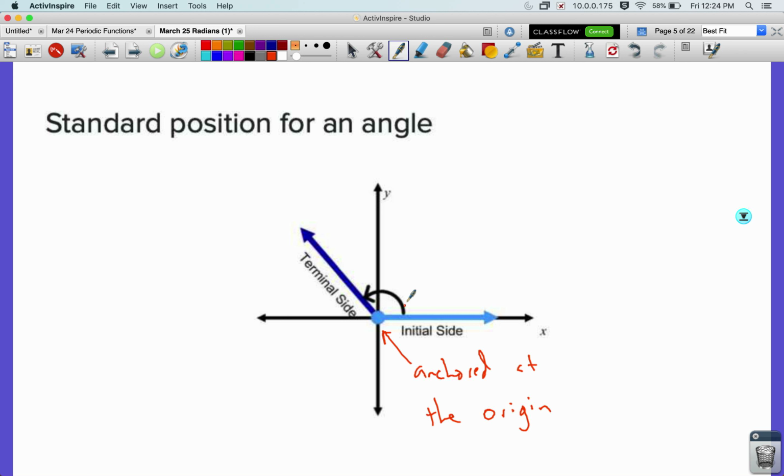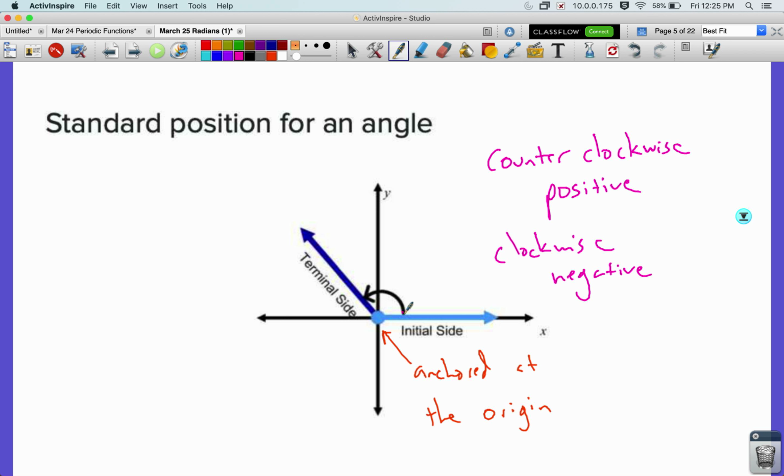And then it can be rotated to our terminal side. An important thing here is that counterclockwise rotation is considered to be positive rotation. We'll just say counterclockwise positive, clockwise negative.